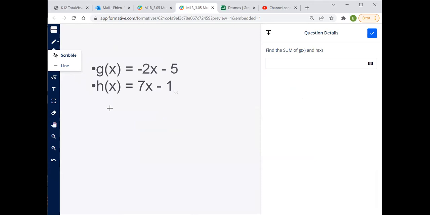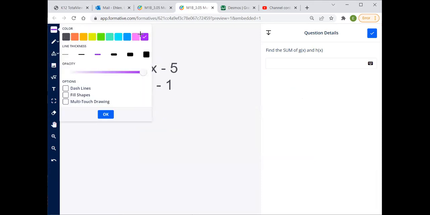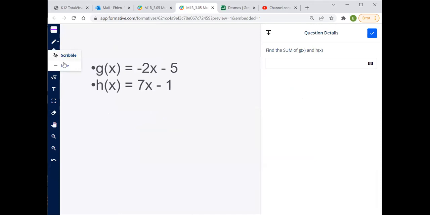Okay, and we want to add these 2 together. So technically you guys could just go ahead here and add straight down the column, but sometimes that can get a little confusing. So I'm gonna put them next to each other like we're used to seeing. Okay, so this is just like combining like terms, guys.